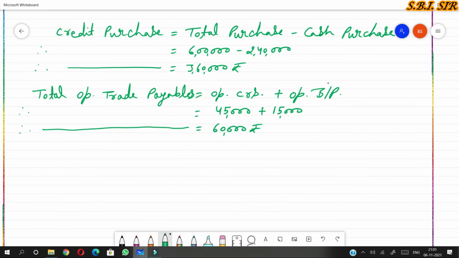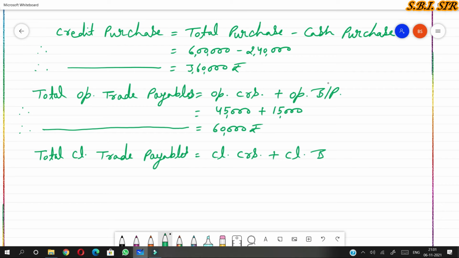Then we will find out total closing trade payables, which equals closing creditors plus closing bills payable.